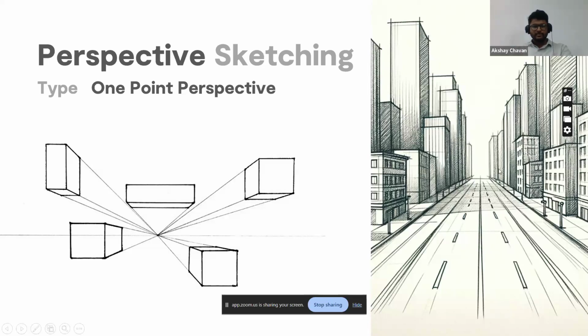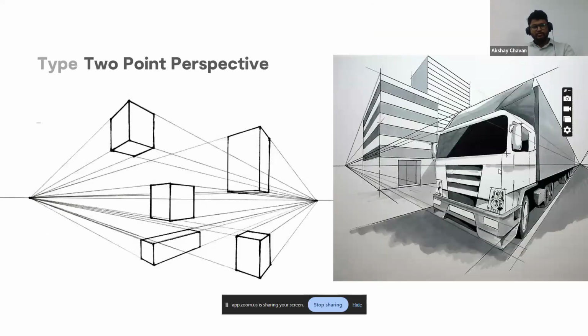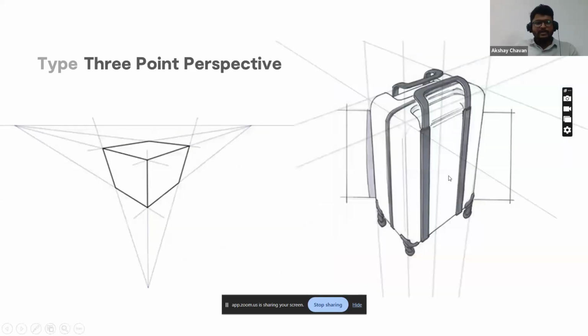In two-point perspective, there are two vanishing points, and vertical lines are not converging at any point. The horizontal lines are converging at the vanishing points. While in three-point perspective, there are three vanishing points.